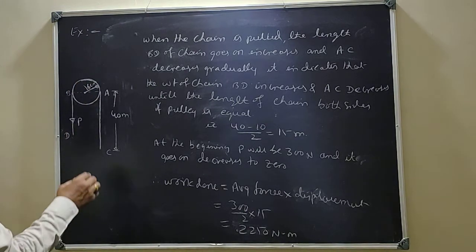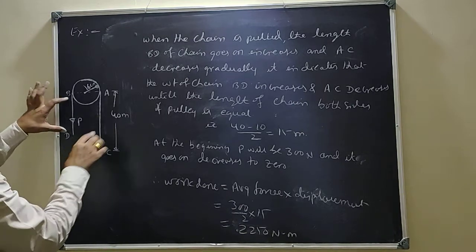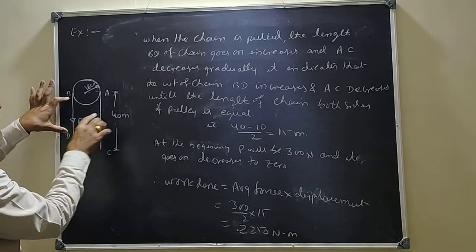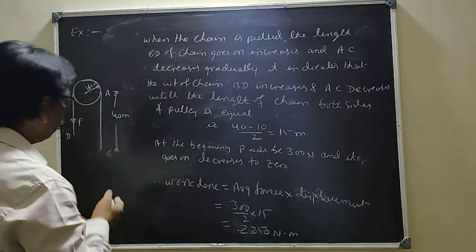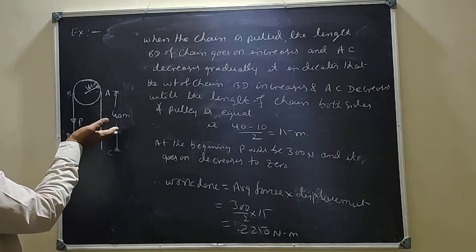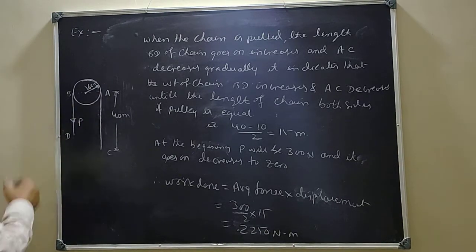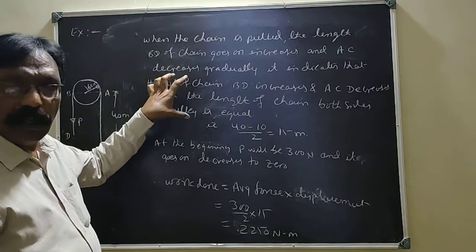So now ultimately how much length it has to be raised is the difference in the length. So 40 minus 10, that will be only 30 meters. Now in that 30 meters it has to go up by 15 meters on this side, and it has to come down 15 meters on this side. That is the logic what we are going to apply here.